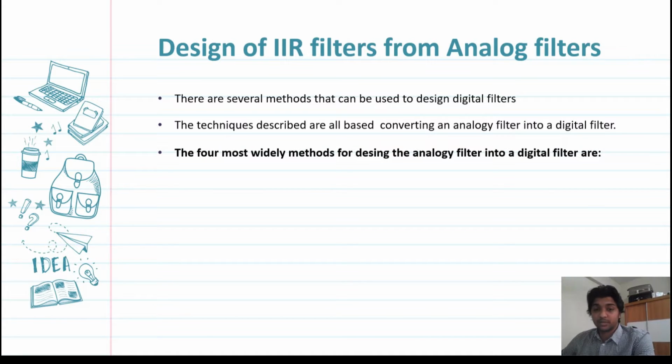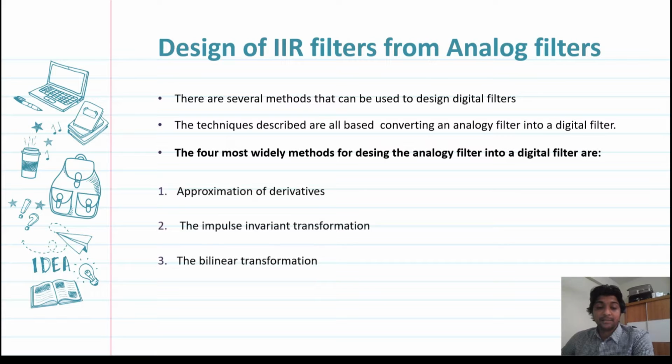Four methods are widely used: the first is approximation of derivatives, the second is impulse invariant transformation, the third is bilinear transformation, and the last is the matched z transformation technique.